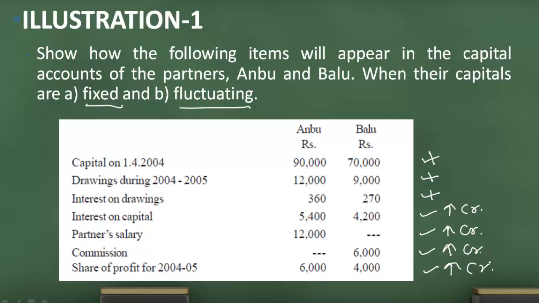Provided we are following a fluctuating capital method, because in fluctuating capital method all these items will increase the capital and these two items will decrease the capital, so it will be debited.